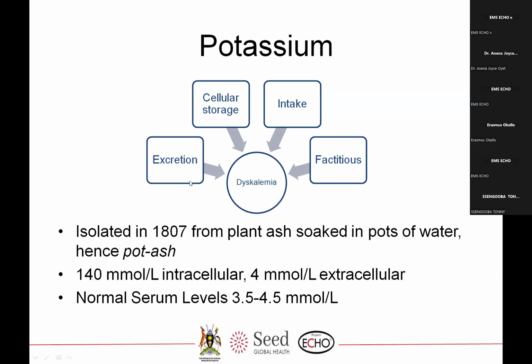If you increase the elimination from the body, be it from the GIT or from the kidneys, either through diuresis or a disease process like diarrhea and vomiting, then for sure you're going to deplete potassium, partly from reducing the intake, but also from the homeostatic adjustment the body will make, because the body will try to save sodium at the expense of potassium. So the kidneys will excrete potassium in order to save sodium. That's part of what the RAS does for you when it's very active, to compensate for fluid losses.